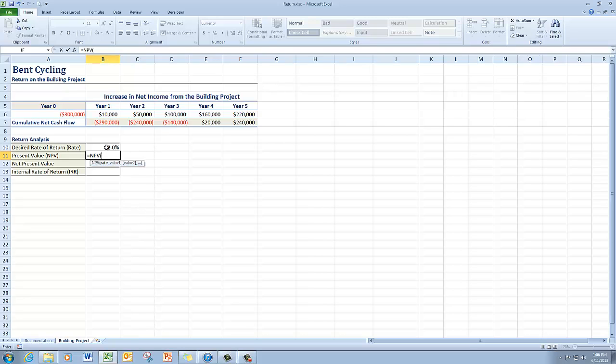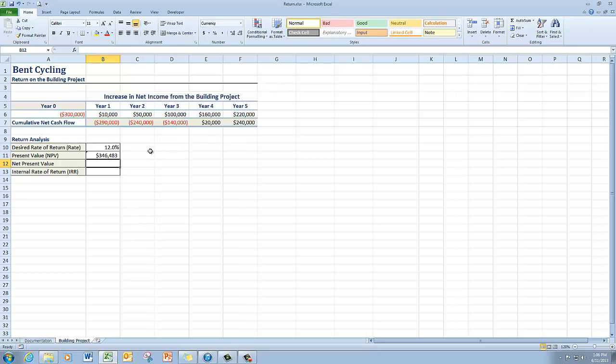So that's my first argument in this function. And my second argument is this series of increases in income, or series of cash flows. So I'm going to go ahead and select B6 through F6 and press enter.